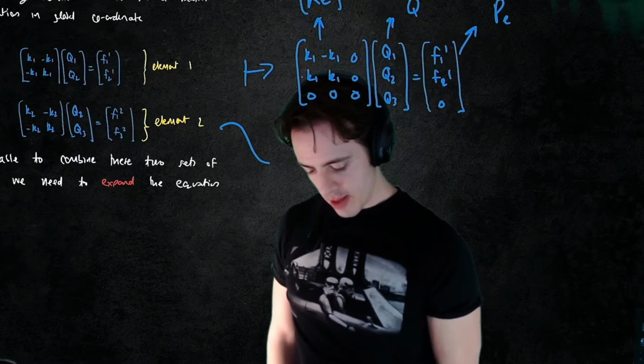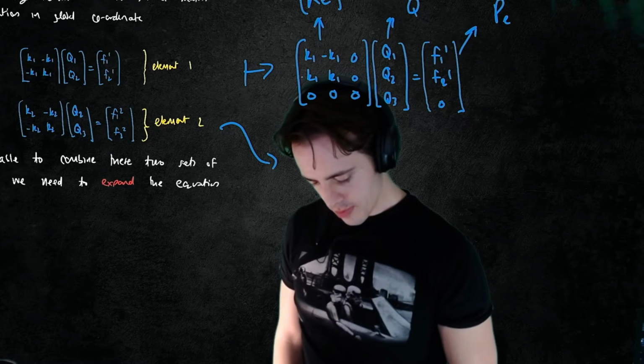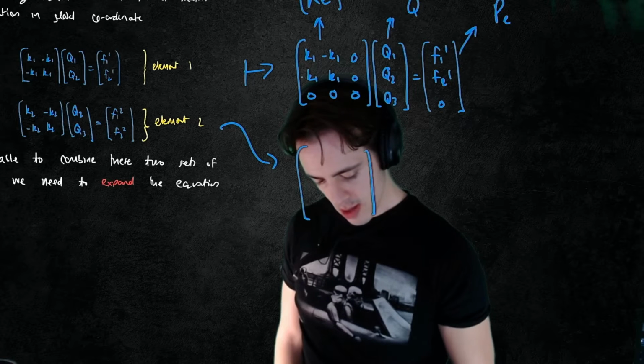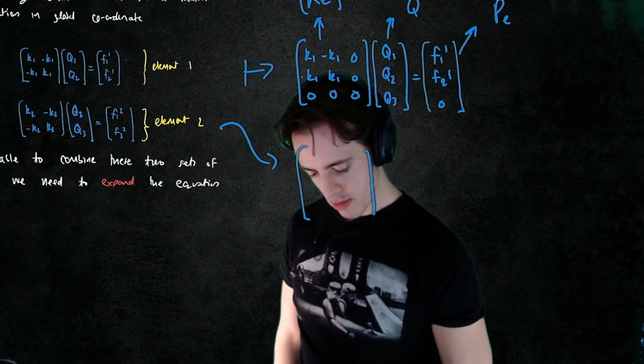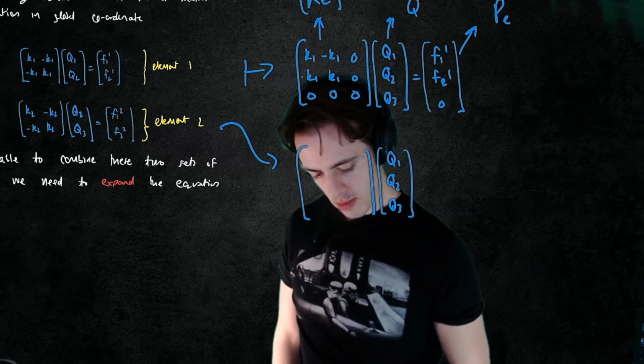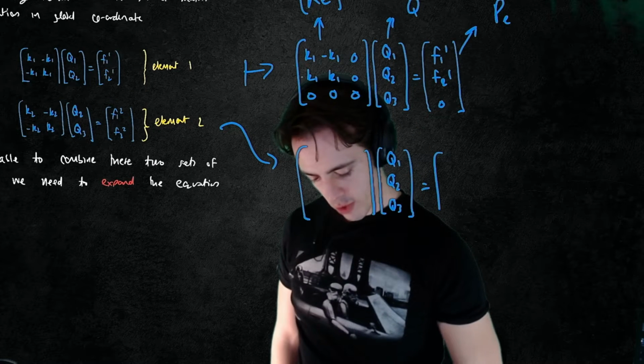Do the same thing with element 2. It's going to have the same displacement vector, so let's just copy this down. I can put the force vector on the right hand side.